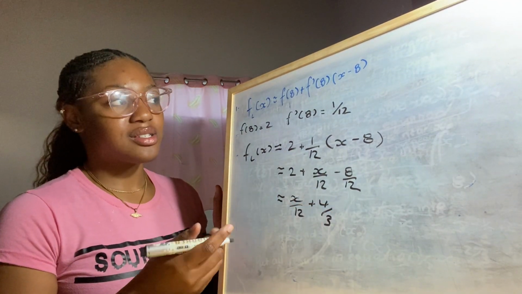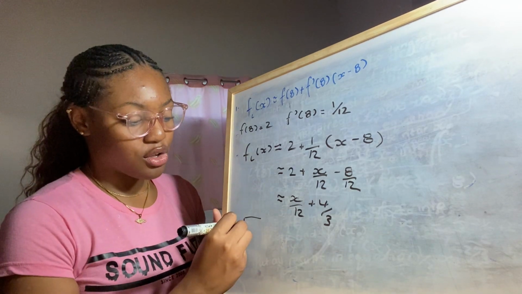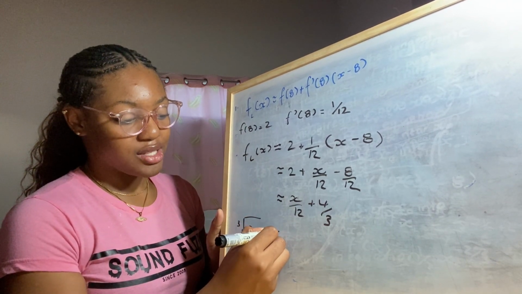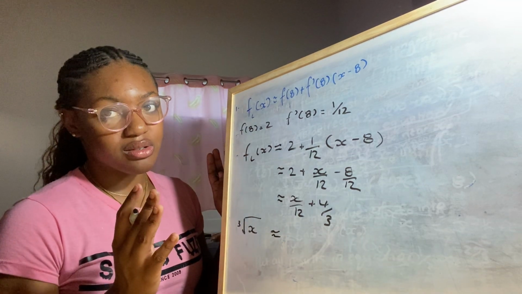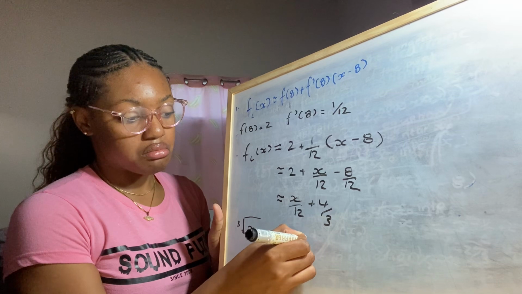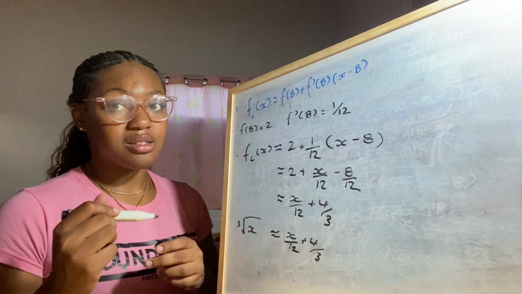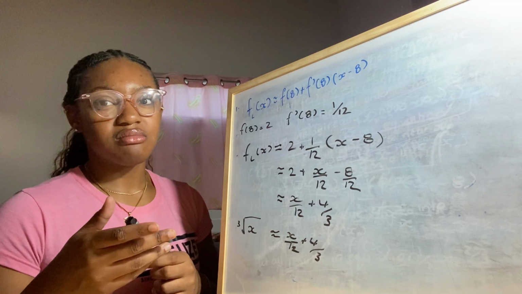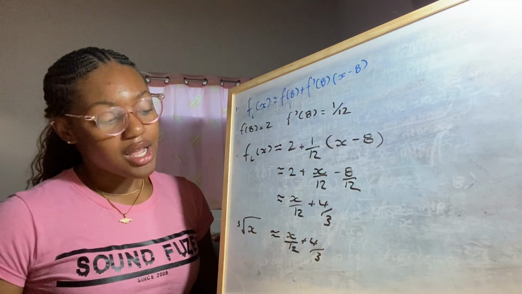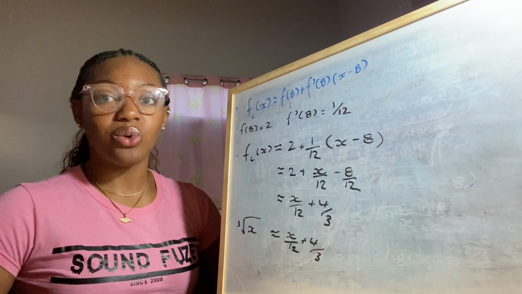So this is telling us that with our original function, the cube root of x, this function is approximately equal to x over 12 plus 4/3, and this is when x is close to x0. And yeah, we are going to move on to the second part of the question.